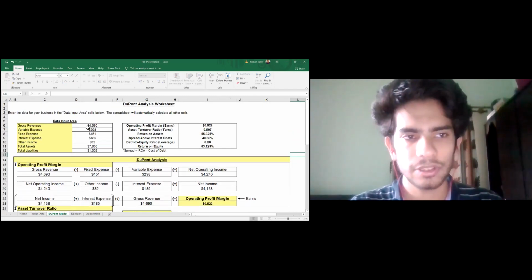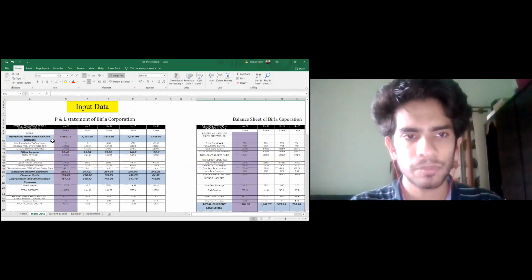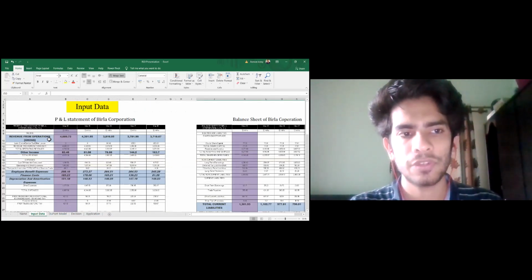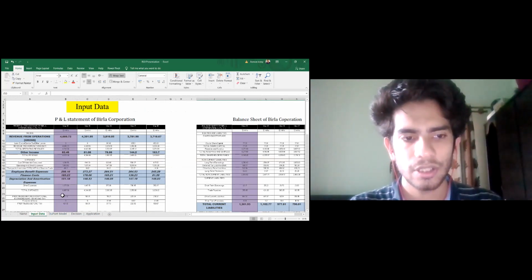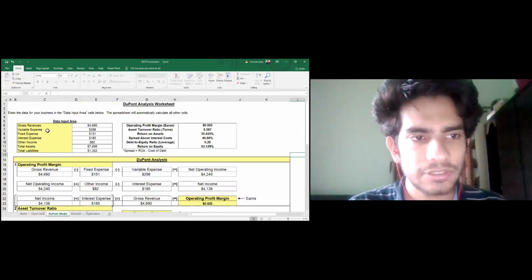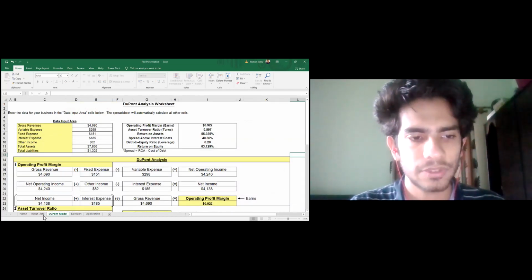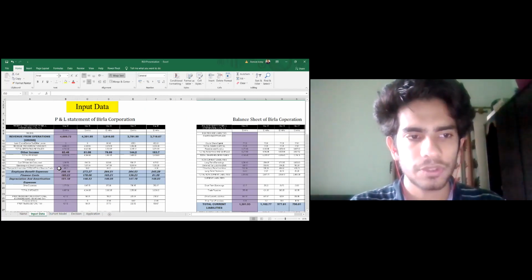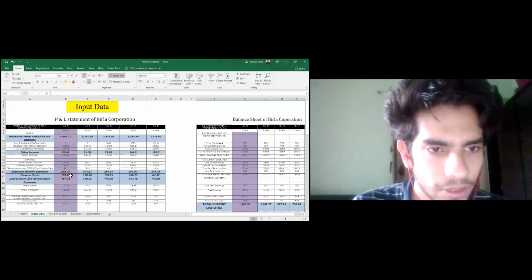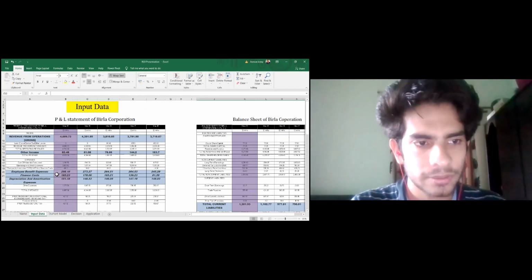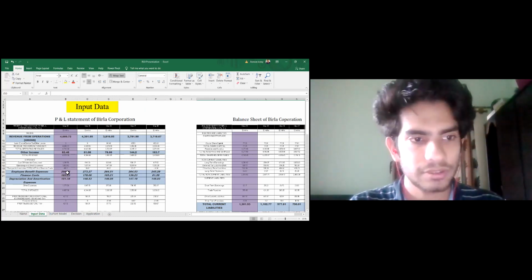So the first one is gross revenue. Gross revenue is taken from the P&L, revenue from operations of March 2020. Next is variable expense, which is also from the P&L, that is employee benefit expense.